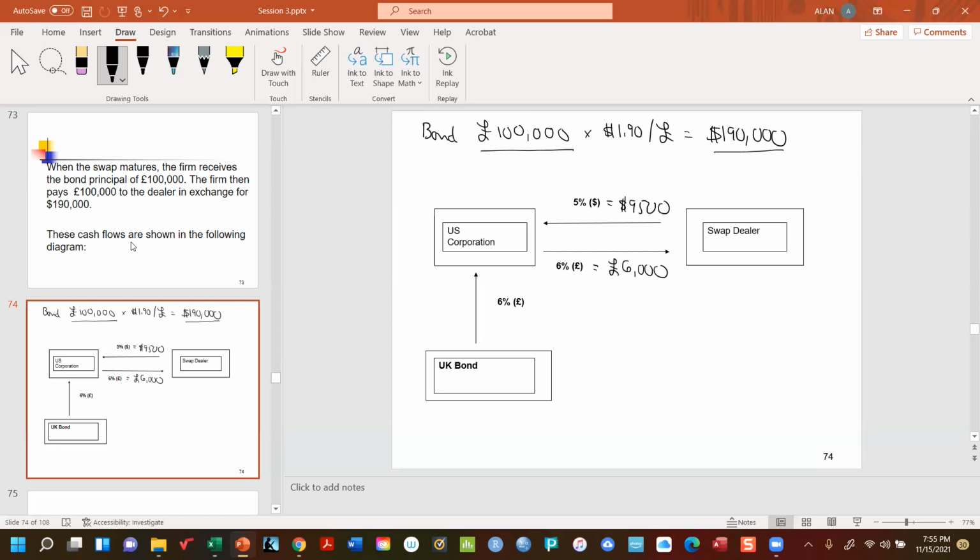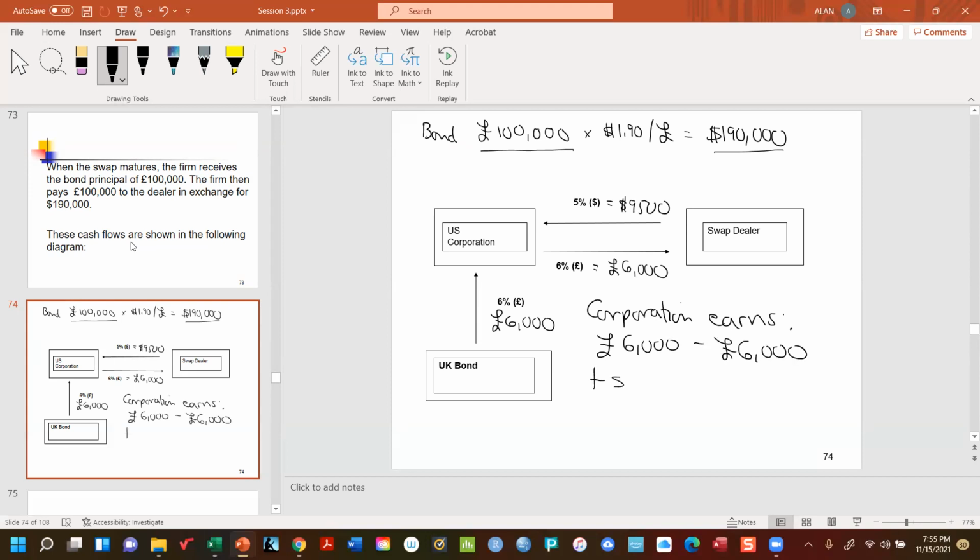Now, the US corporation is also receiving 6,000 pounds per year from this bond. So the corporation earns, so they collect 6,000 pounds from the bond, which they then pay to the dealer.